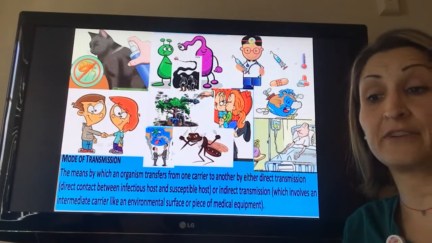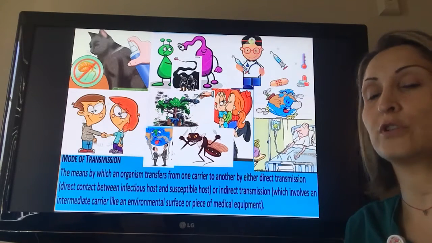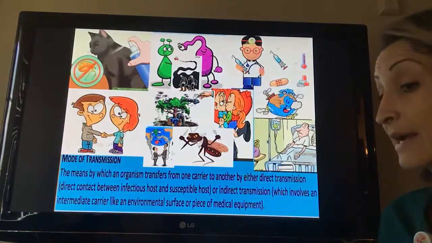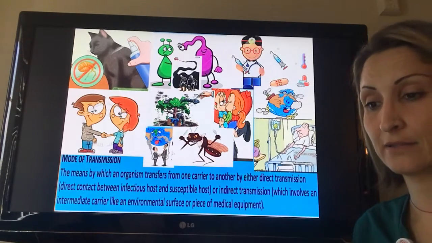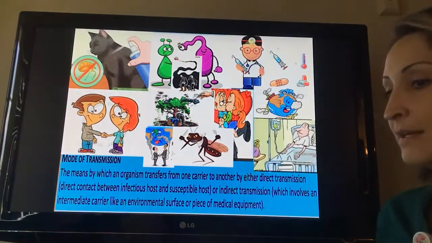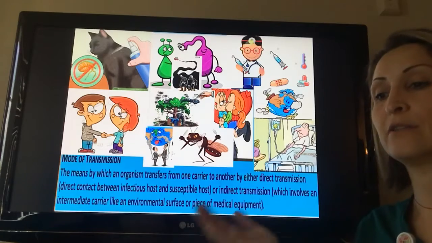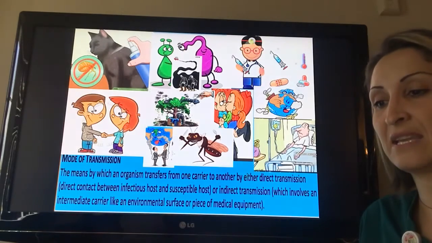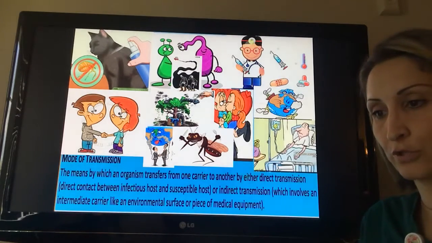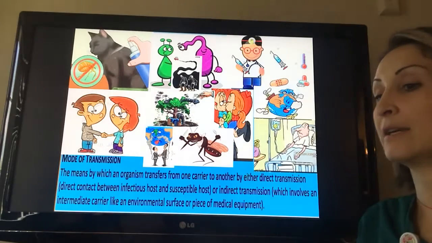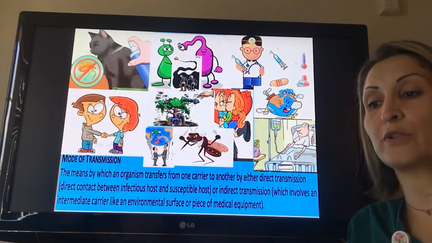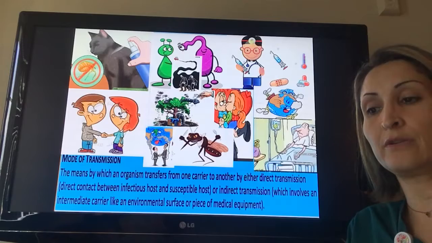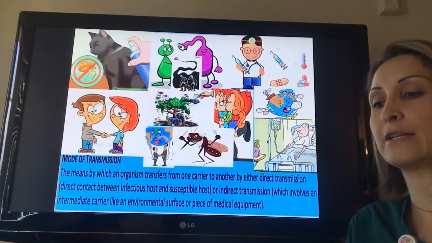There are different classifications for the modes of transmission. It can be direct contact or indirect contact. Direct contact occurs through skin-to-skin contact, kissing, and sexual intercourse. Direct contact also refers to contact with soil or vegetation that has that infectious organism.